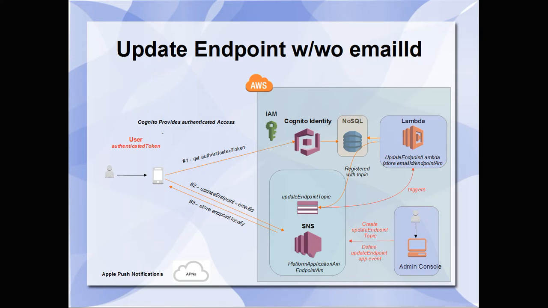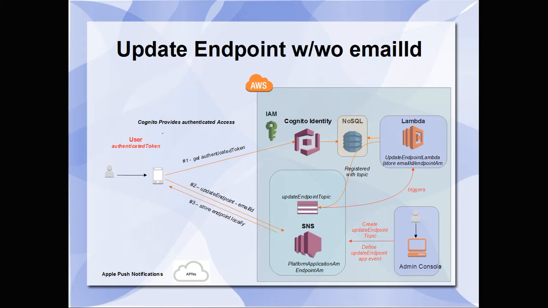Okay, so now I'm looking at updating the endpoint, and I think we might have used a different strategy eventually, with or without an email ID. Okay, so when the user's authenticated, and they get the authentication token from Cognito Identity, we can update the endpoint with the email ID associated with the authentication.